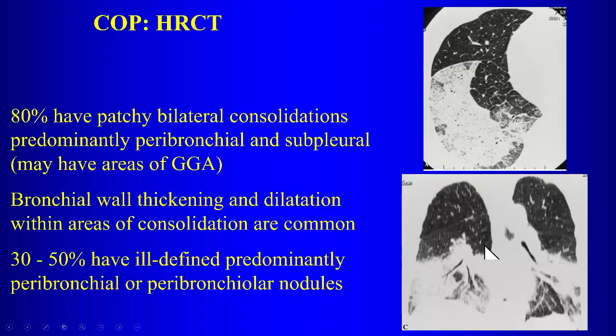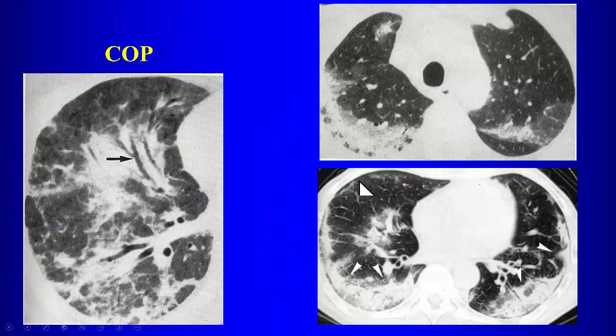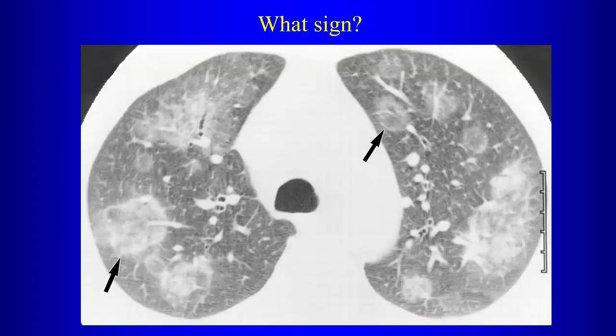The typical findings on imaging: peripheral consolidations, it is airspace disease, also might be peribronchial in terms of distribution. So you might have peribronchiolar consolidations, but this appearance with the peripheral consolidations is very characteristic of organizing pneumonia. And if it's idiopathic, then we call it cryptogenic organizing pneumonia.